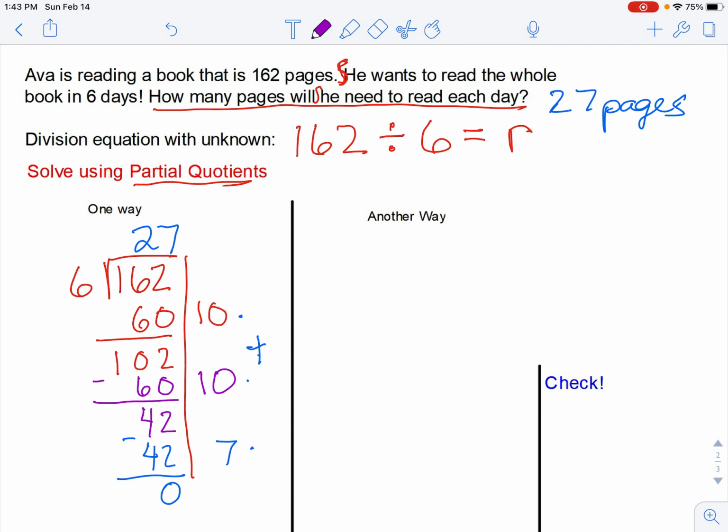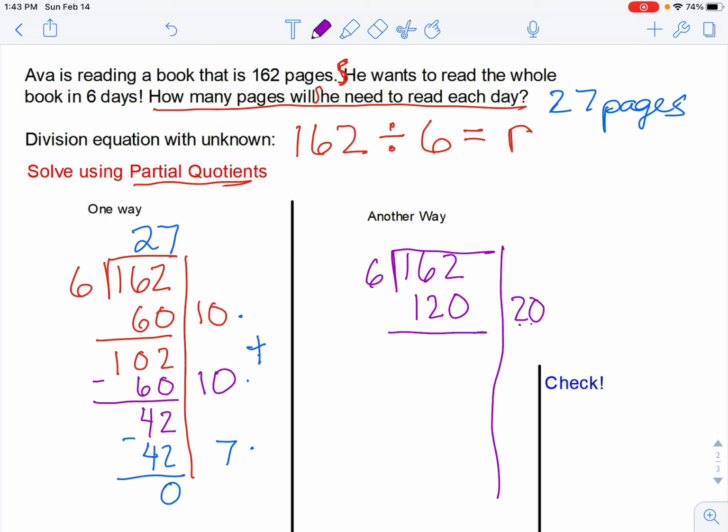Okay, let's show this another way. I'm going to do the same problem. What if this time I first picked 20? And if I pick 20, then I know 20 times 6 is 120. That's just one of my extended facts.